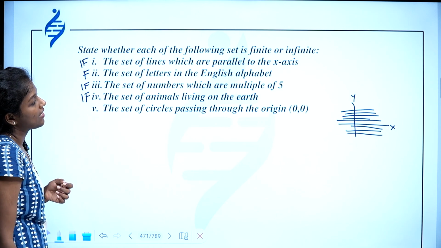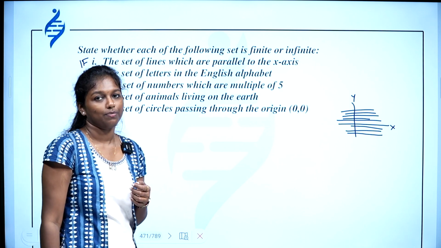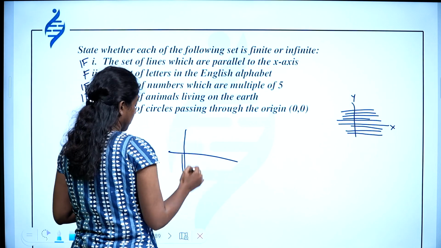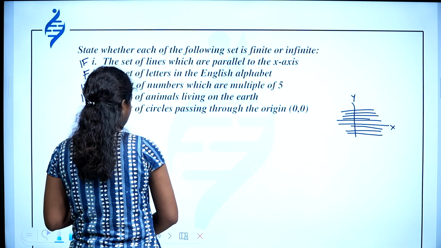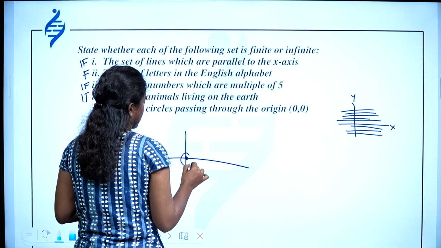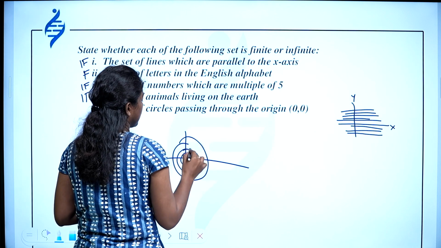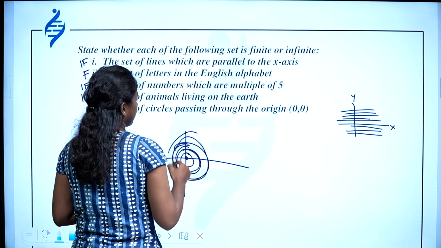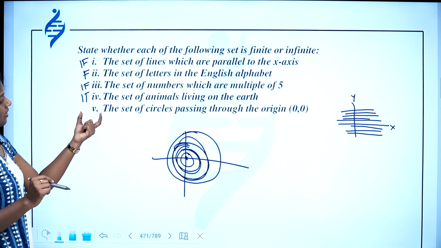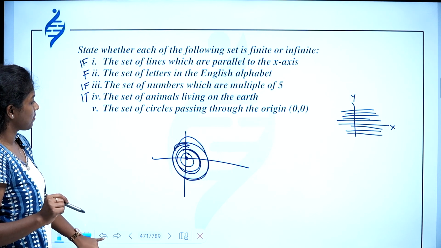Then the set of circles passing through the origin (0, 0). How many circles will be there? I'm drawing the origin. This is my origin. So I can draw infinitely many circles, right? See, the figure is not like this, I'm sorry.